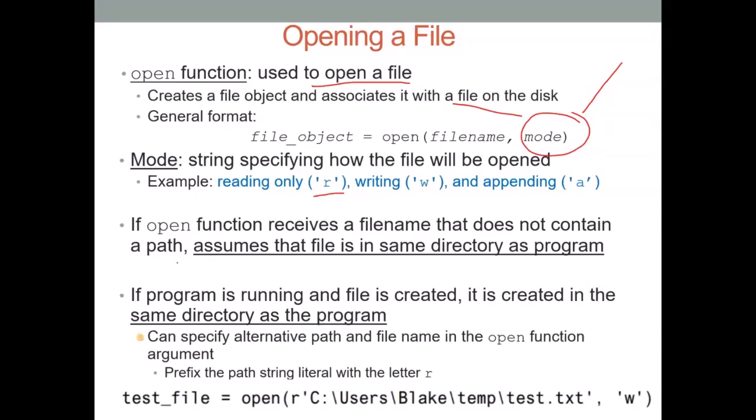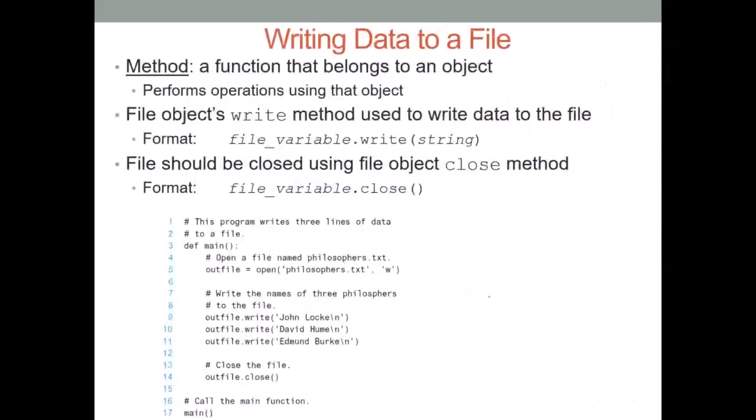Tamam? However, if you create a file also, it will create it in the same directory as what? The program. طيب. If you want to create a file in a totally different folder, يعني your program is running on D, but you want to create a file on what? C, for example. Do you get this يا شباب؟ معاي؟ طيب.